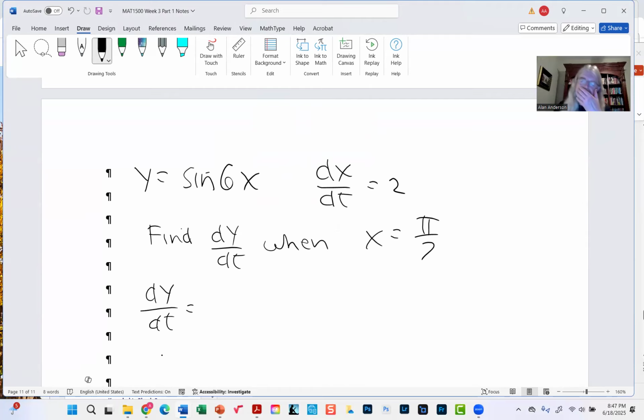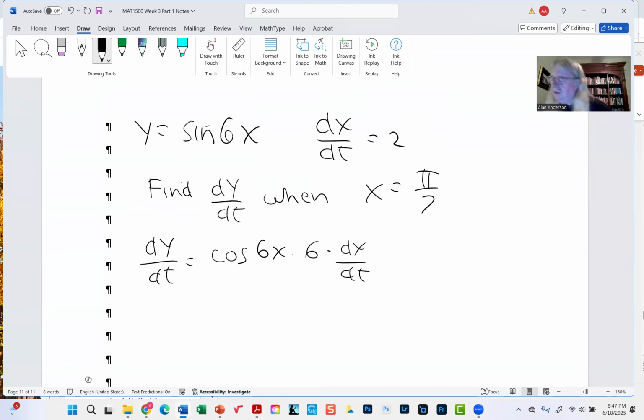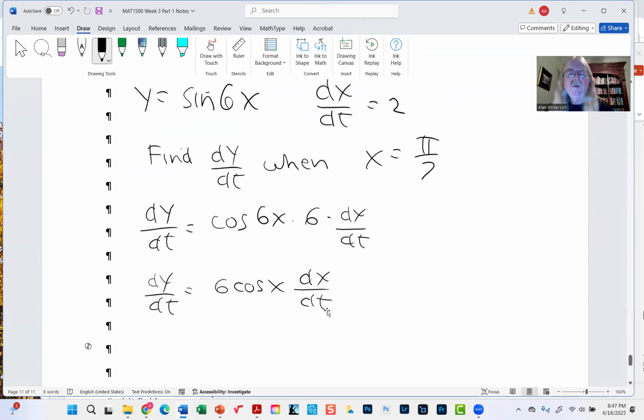Now, if you remember, the derivative of the sine is the cosine, but since this is 6x, the chain rule tells us that this is going to be cosine 6x times 6, but then we also need dx/dt. So you can plug in, we have two numbers to plug in.